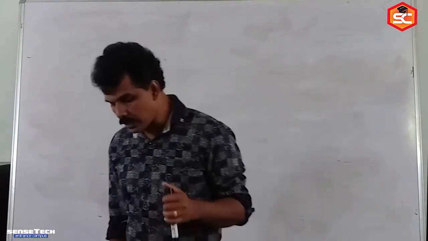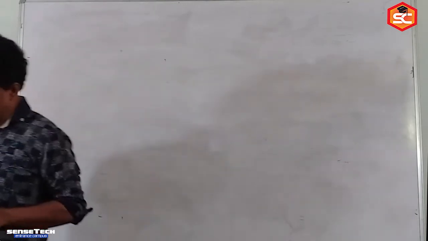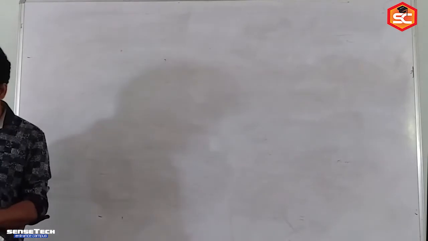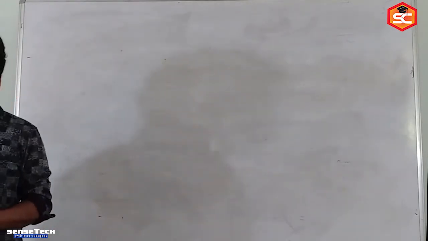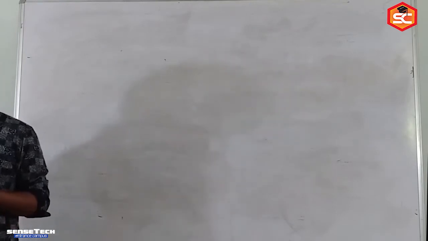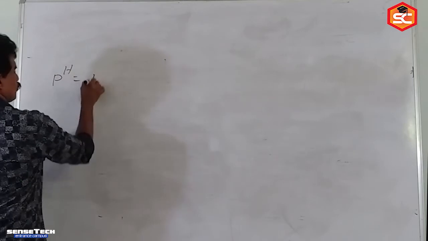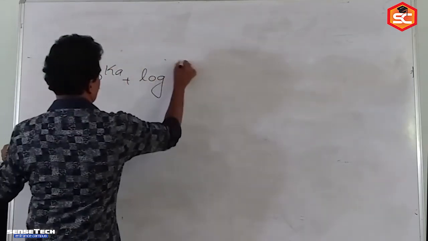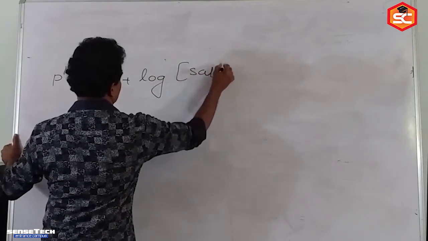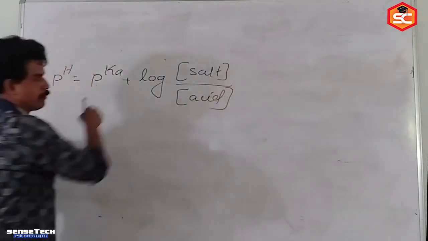In a buffer solution we can calculate the pH. What is the formula for the calculation of pH of a buffer solution? pH is equal to pKa plus log concentration of salt by concentration of acid. This is for acidic buffer.